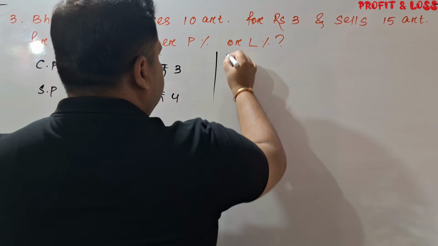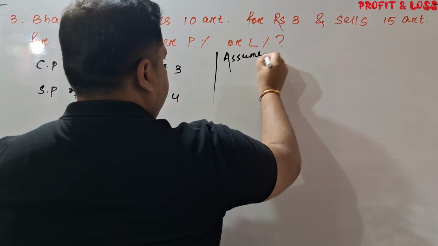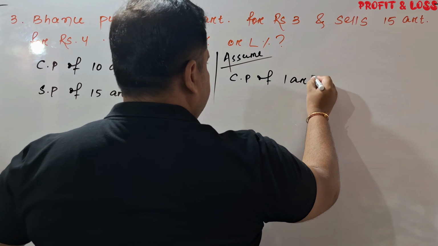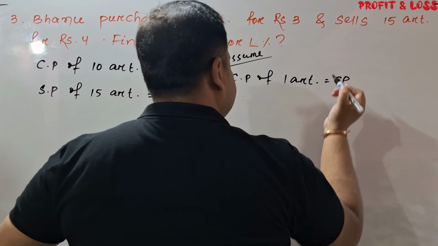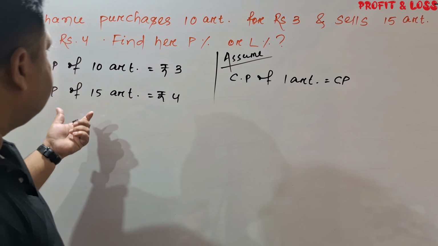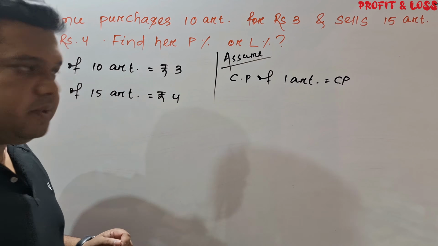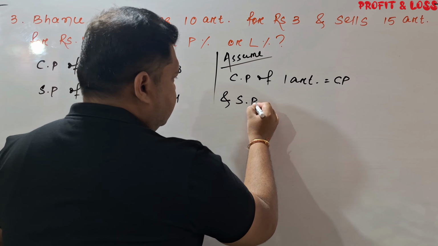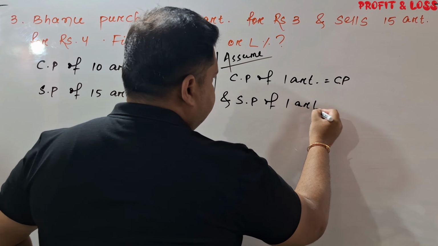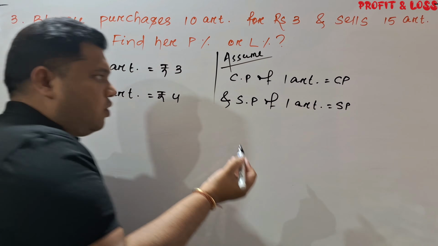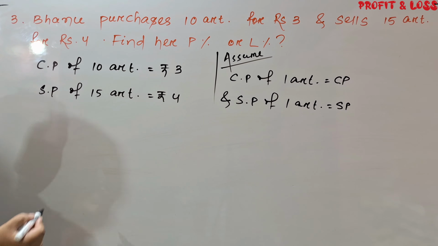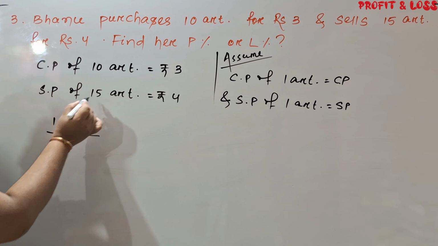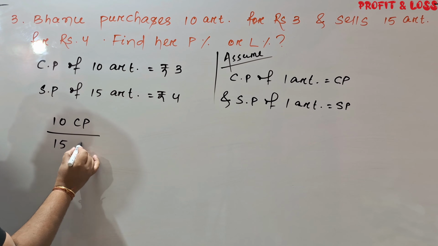Here you can assume, from the very basics, let the cost price of one article be CP and the selling price of one article be SP. The cost price of 10 articles you can write as 10 CP, and the selling price of 15 articles as 15 SP.